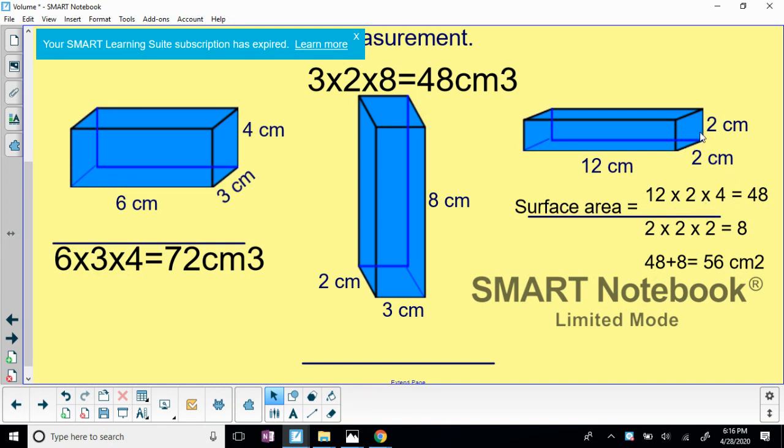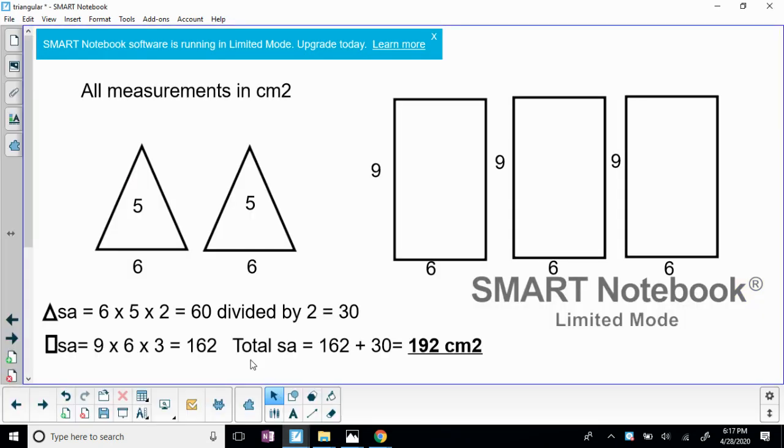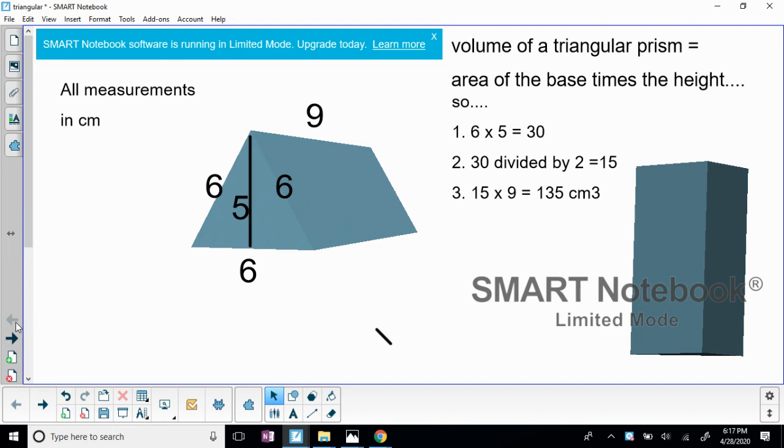And then 2 faces will have this dimension, 2 times 2. So that's just 2 calculations for a 6-faced figure. We add them up for a total of 56 centimeters squared. So again, it's adding up the area of all the faces. But today we're going to talk about triangular prisms. And how do we calculate the surface area for that?